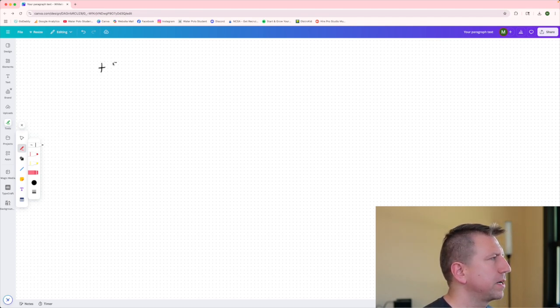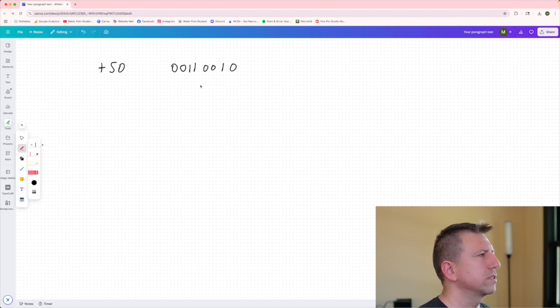So we're going to start with positive 50. Okay, so positive 50 is going to look exactly like the signed magnitude version. So we're going to start with a 0, and then the rest of this is going to be 50. So 0, 1, 1, 0, 0, 1, 0. Okay, so that's going to be representing positive 50.